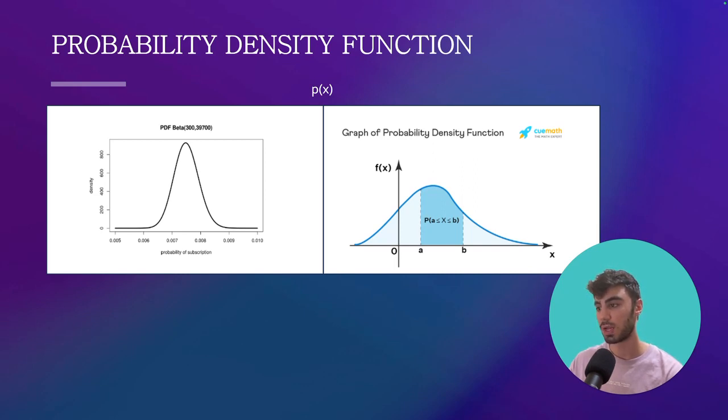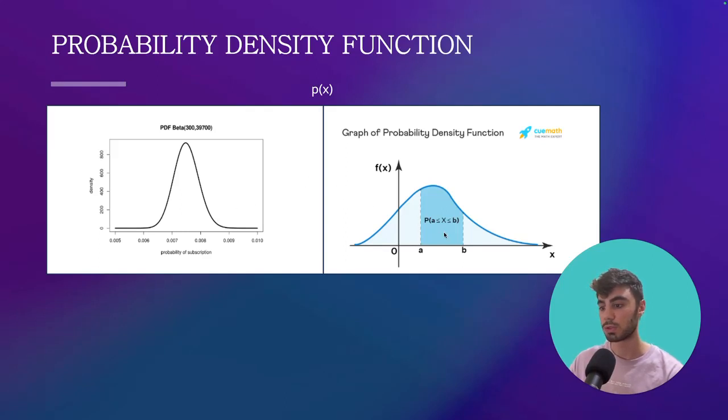The PDF provides a way to describe the likelihood of a continuous random variable taking on a particular value or falling within a particular interval. For example, if you want to calculate over all observations under this graph, the first graph, the sum of them equals 1. The sum here refers to the integral, right? If you take the integral, which means the area under this curve, you will get the result of 1.